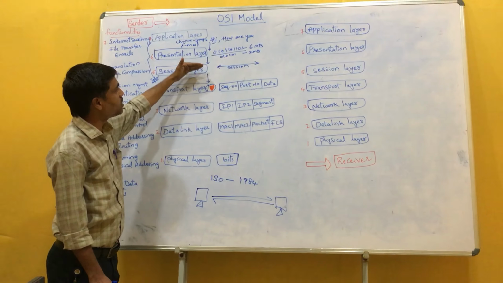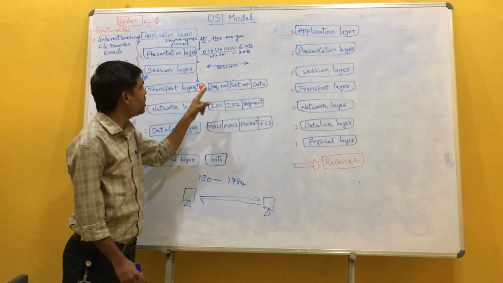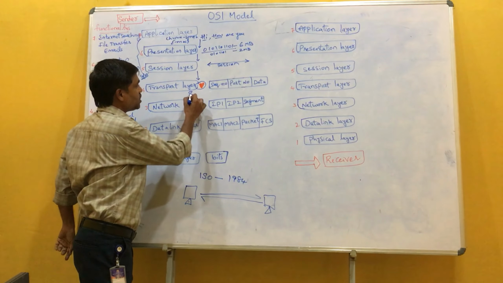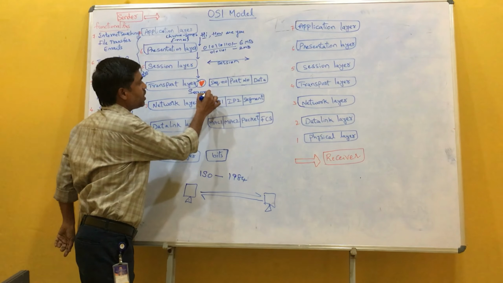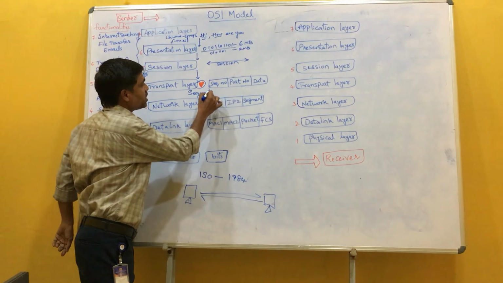For each and every message, we have a sequence number, a port number, and the data. Whatever data we are sending from sender to the receiver will be received in the form of segments. This happens in the transport layer, and that is called segmentation.